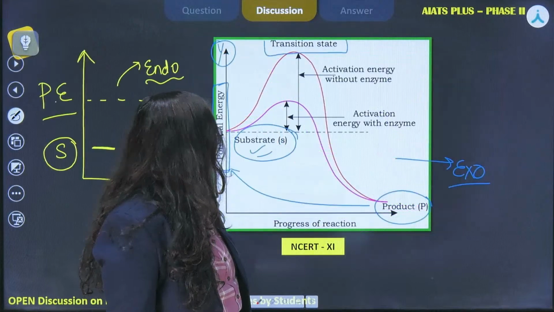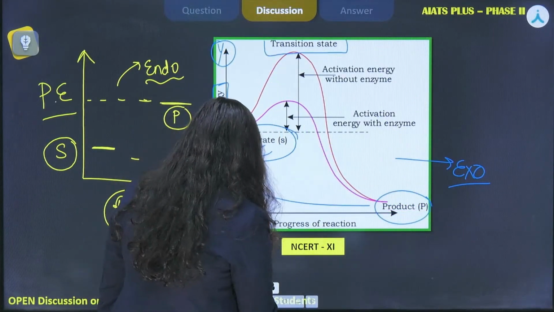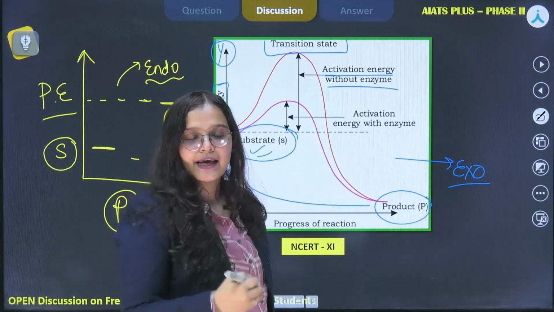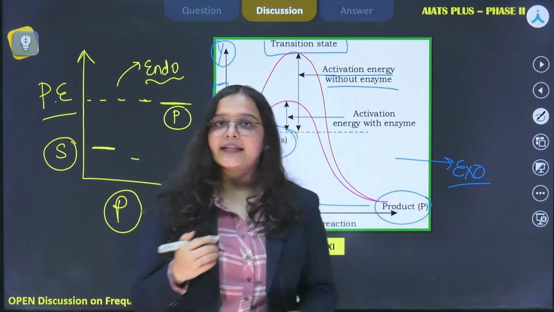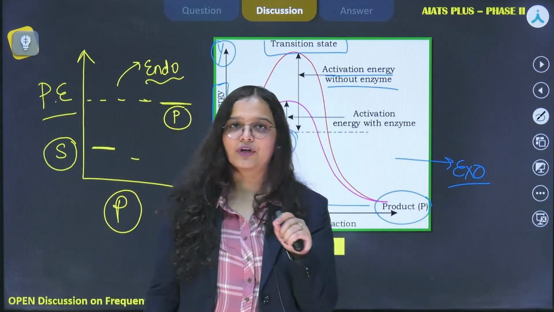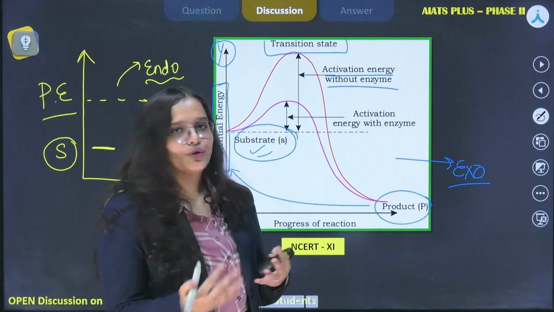Now, if we talk about the concept of activation energy, we already discussed that enzymes act as biocatalysts and they lower the activation energy which is required for the substrate to form the product.